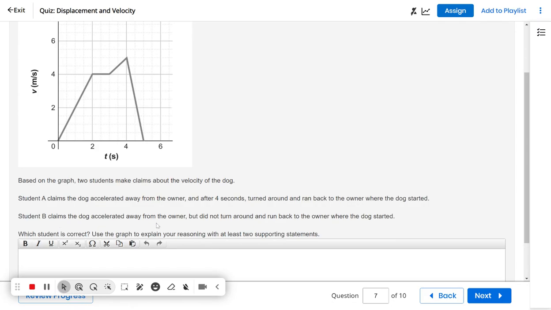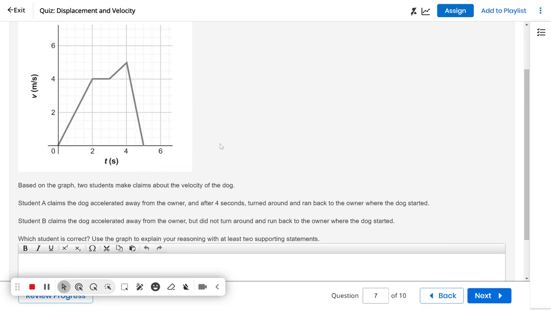Student B claims that the dog accelerated away from the owner but did not turn around and run back to where the dog started. So with this, we have a velocity versus time graph. I would do some marking with the pen. Notice the focus is on position.